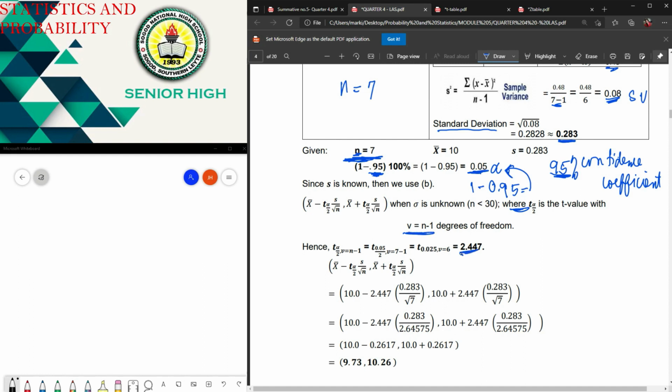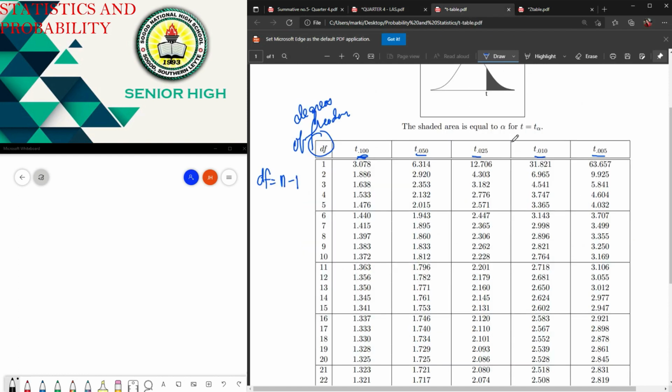So where did we get this 2.447? Since our alpha is 0.05, we divide it by 2. So we have now 0.025. So go to your t table at the back. Look for 0.025. So as you can see here, this is the 0.025. Now what is your degrees of freedom?